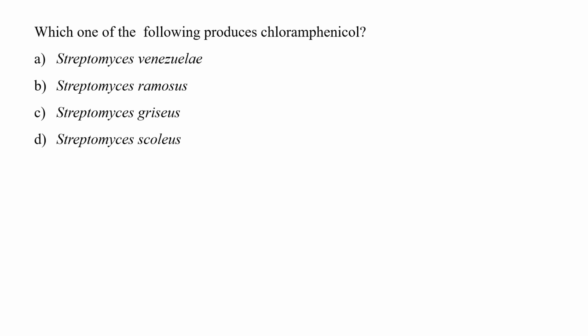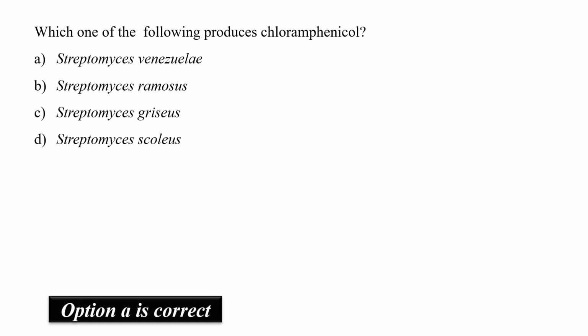However, the use of chloramphenicol is banned in humans because it causes a serious disease in people, that is aplastic anemia. Also, it causes genetic damage and possibly can lead to cancer. So the correct option is option number A, Streptomyces venezuelae.